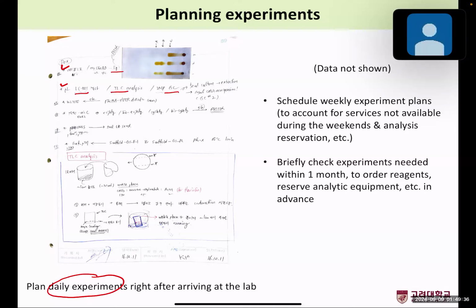I need to transform the bacteria with this plasmid, and I need to also perform Gibson assembly and then transform to the E. coli. I also need to inoculate this plasmid. I also need to perform PCR, this PCR reaction, and then I write down the protocol that I will be performing today, right? So this is my daily plan for today.